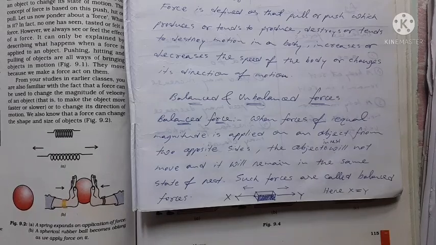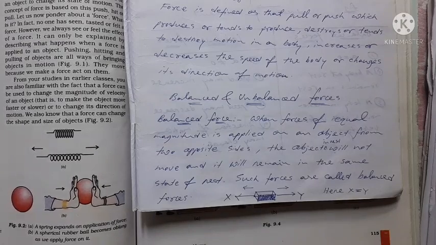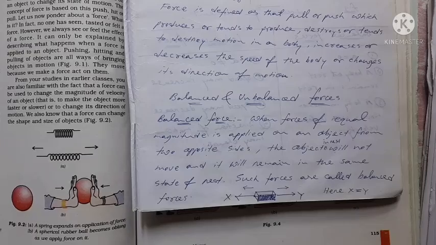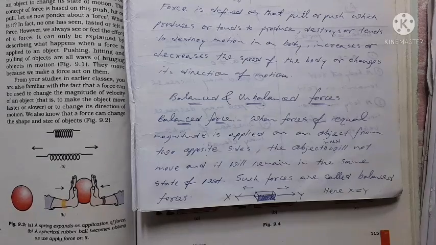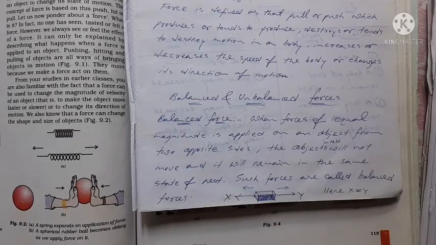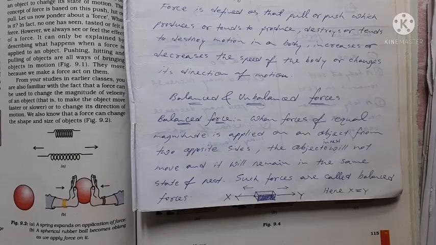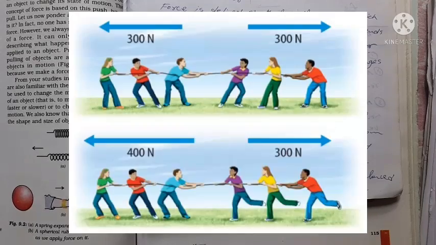Such forces are called balanced force. As you can see in the picture, some persons are pulling a rope, and in the first picture an equal amount of force is applied on both the left and right side, that is 300 Newton.